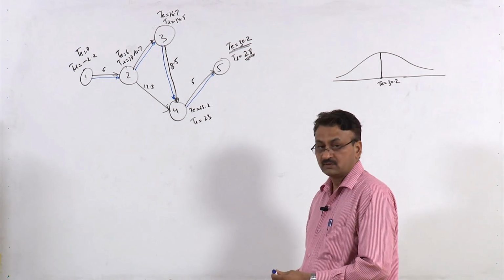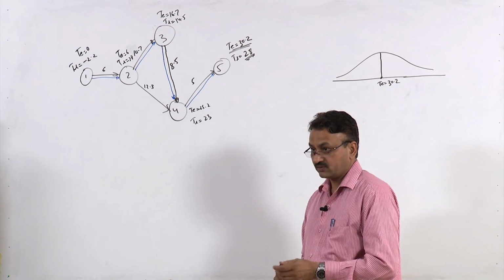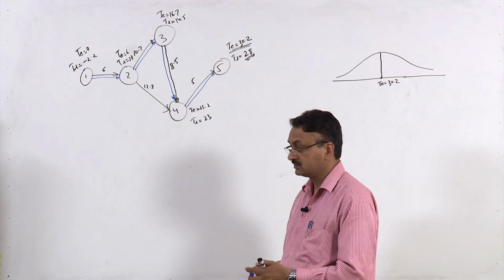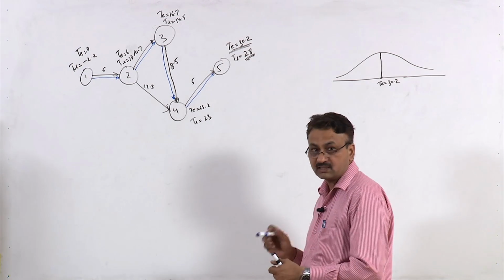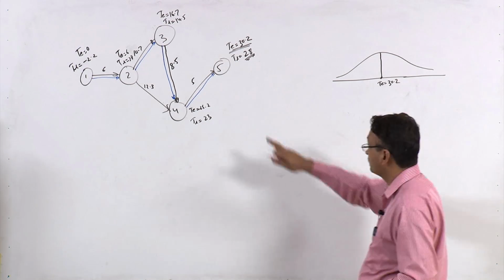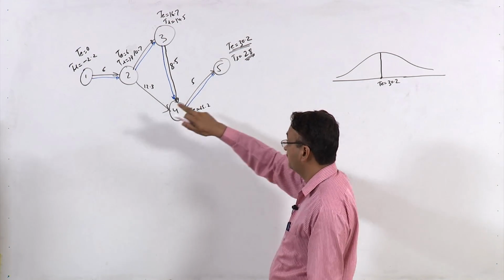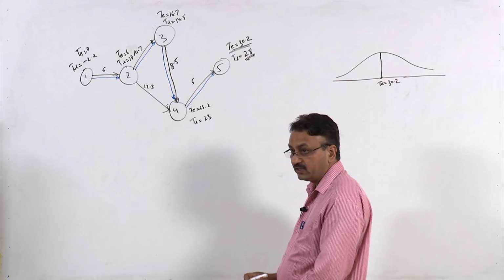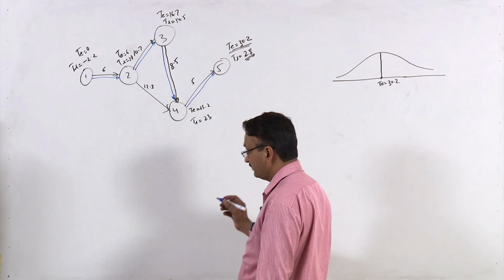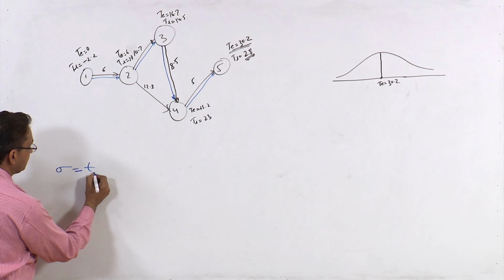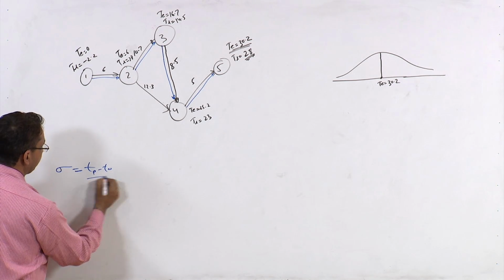Now the next question is the variance along the critical path. How do we find the variance along the critical path? First of all, we have found out the critical path is this: 1, 2, 3, 4, 5. How to calculate variance? We know that standard deviation is (Tp minus To) divided by 6.